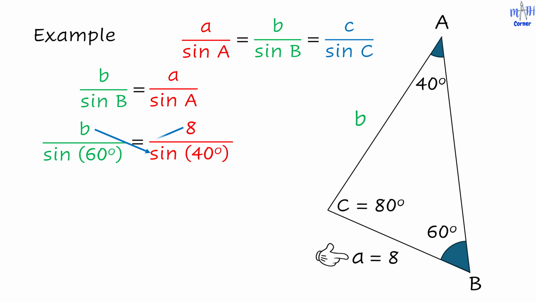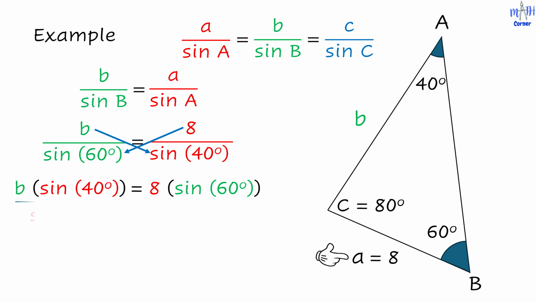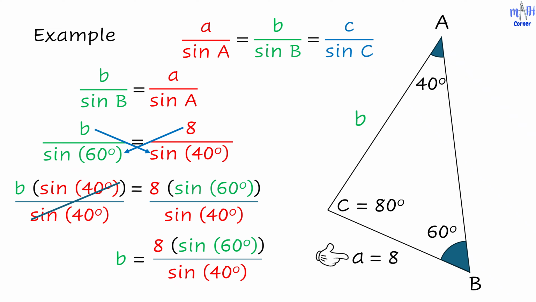Cross multiply. B times sine 40 degrees equals 8 times sine 60 degrees. Divide both sides by sine 40 degrees. So we have B equals 8 times sine 60 degrees over sine 40 degrees.